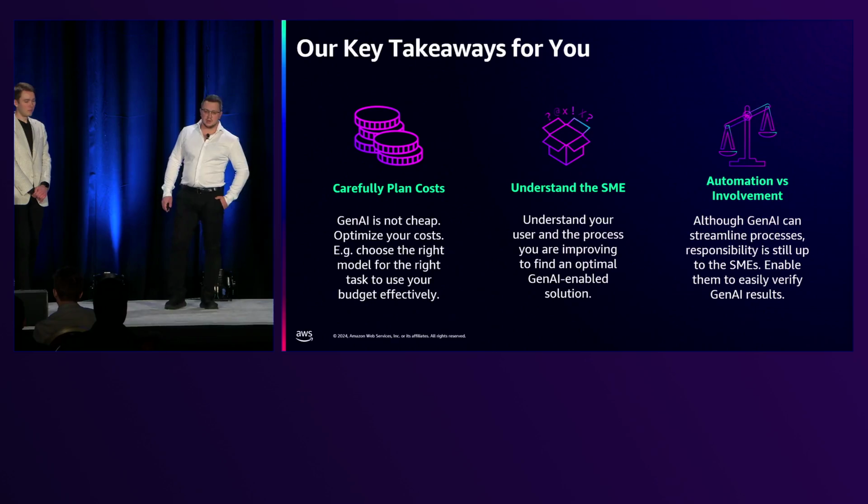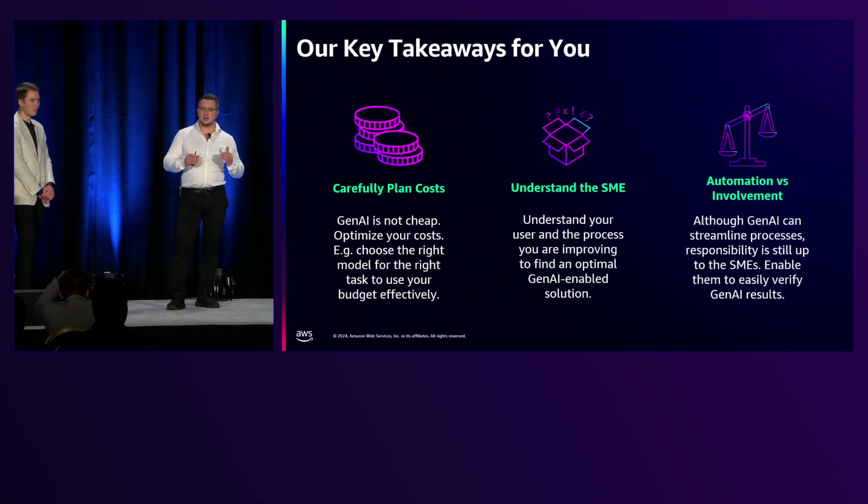And the last one, even though, of course, the responsibility is still with the SME, our technical planner, we created a balance between the human and the AI interactions, and therefore created a co-working atmosphere between the AI and the human, and benefit from the synergies here.